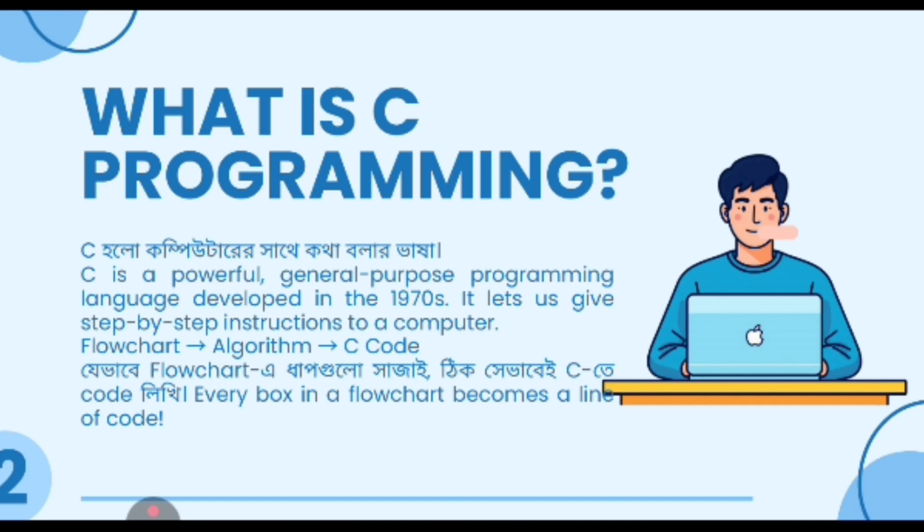Remember our flow from last class: we go from flowchart to algorithm and now from algorithm to C code. Just like every box in a flowchart represents a step, every line in C code tells the computer exactly what to do.